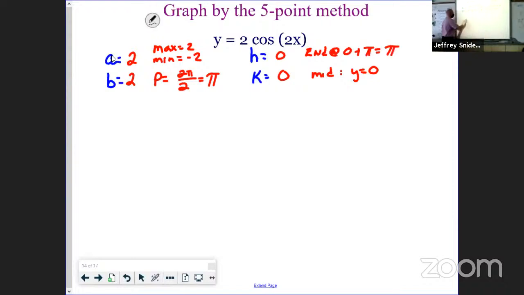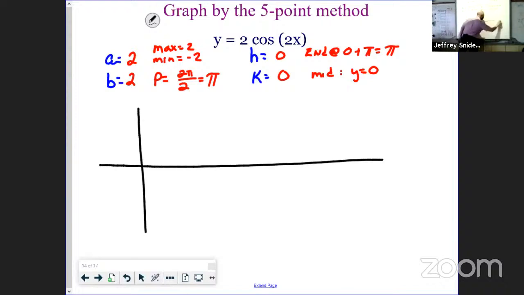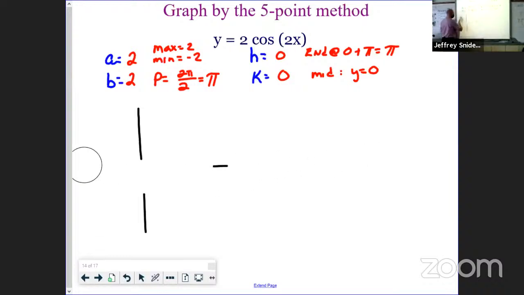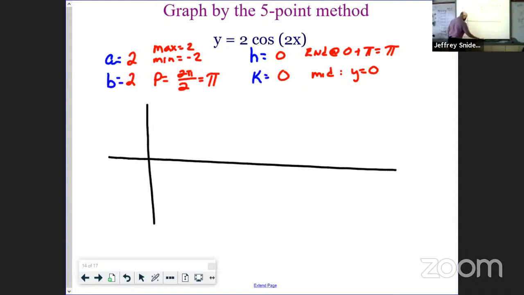All right, we can sketch this now. Okay, here's 0. I'm just going to put pi right here. Now I'm going to take this and divide it up right away.